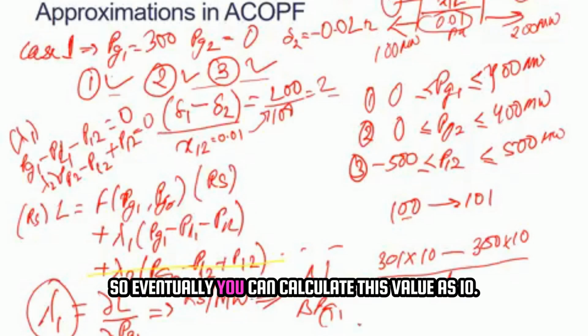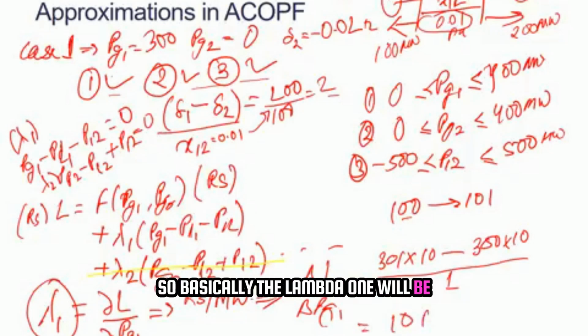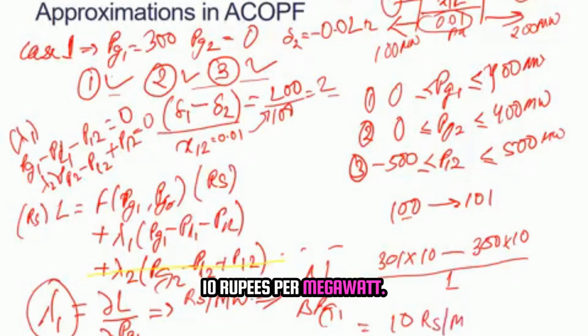So eventually you can get this value as 10. So basically lambda 1 will be 10 rupees per megawatt. And if you run the optimization, you will get the same value. Do you agree with me on this?